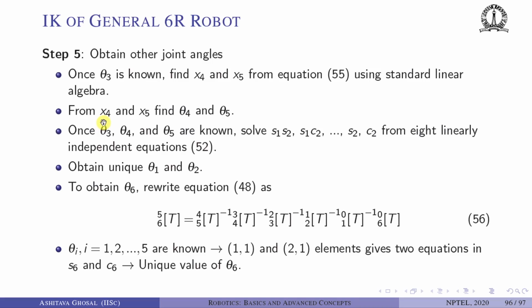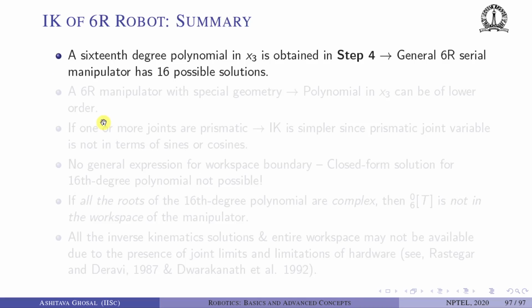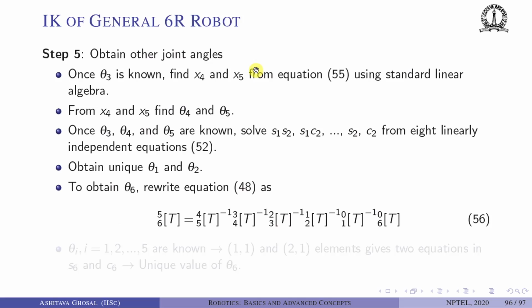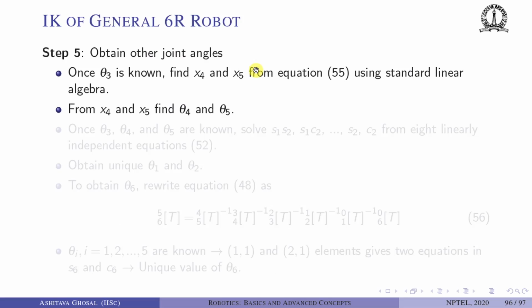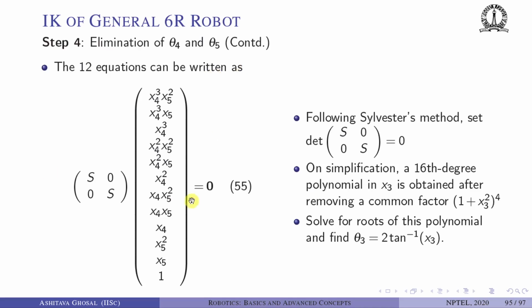The important thing is that we obtain the 16th degree polynomial in x3 from this step. So this is the most important step, how to obtain this matrix S0,0, S into this long column vector with 12 variables, in terms of tan theta 4 by 2 and tan theta 5 by 2 and their powers.